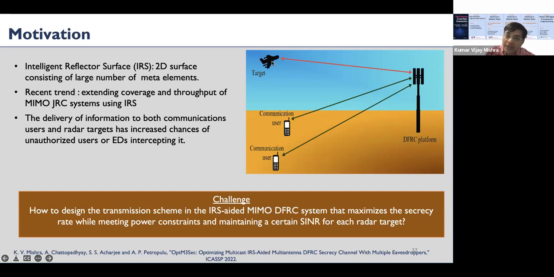But if I transmit at a very high power, there's a danger that the eavesdropper, which is co-located at the target, is able to intercept the communications message. So there is a SINR or power trade-off: we want power to be above a certain level so that I detect the target, but also below another level so that the eavesdropper is unable to decipher this common message.